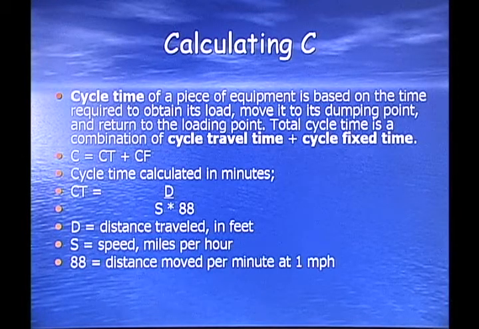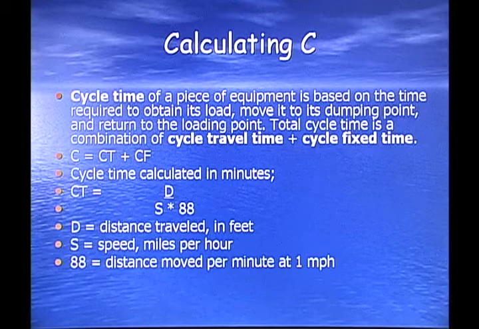Calculating C, or cycle time, of a piece of equipment is based on the time required to obtain its load, move to the dumping point, and return to the loading point. Total cycle time is a combination of cycle travel time plus cycle fixed time. Typically in the test problems, they'll give you this. They'll say your cycle time is 2 minutes or 5 minutes or 10 minutes, but it'll be a given.